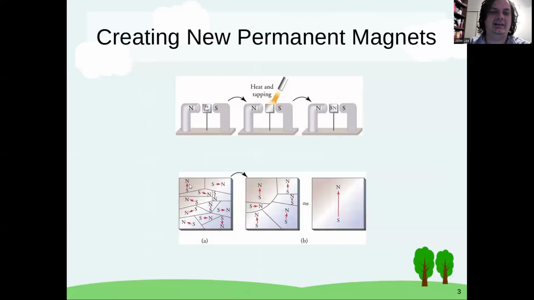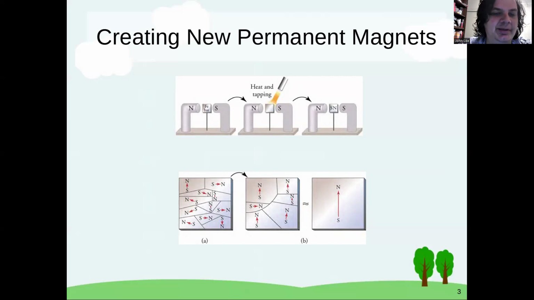Each of these little cut-up pieces where the magnetic field is pointing in different directions is called a domain.